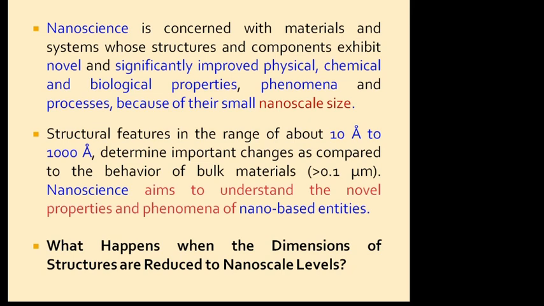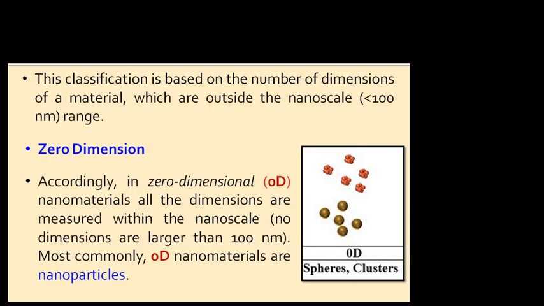What is the difference between them? This science is referred to as nanoscience. We are comparing the nanoscale with the bulk size, and how the properties and phenomena vary and change significantly. That's something interesting in physics, chemistry, and biology as well.